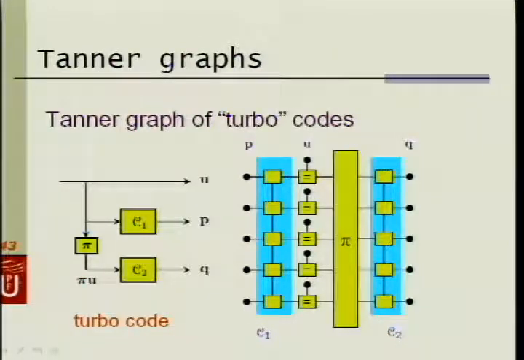They are also sent to a permutation that changes the order of the symbols, and the output of the permutation is sent to another convolutional encoder. That's it. So we have P, U, and Q, and this expresses the structure of the turbo code in the form of a tenor graph. And this structure is useful because by looking at the graphical structure we can design an iterative algorithm, as I will show you in a few minutes.